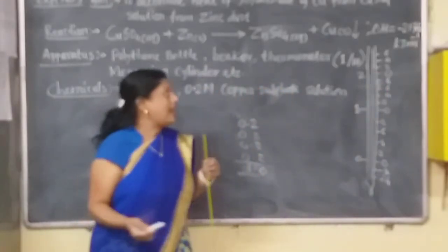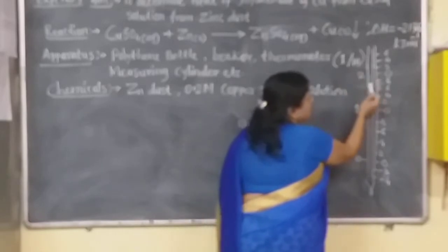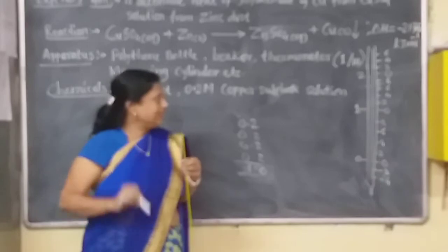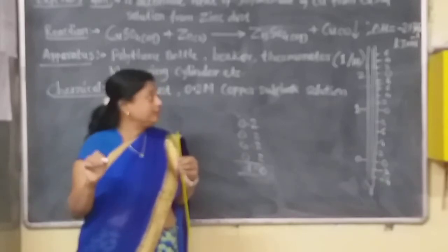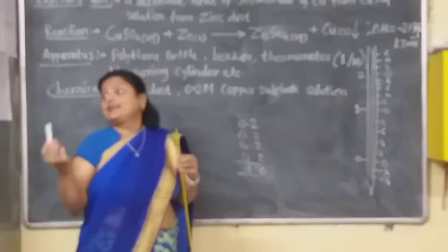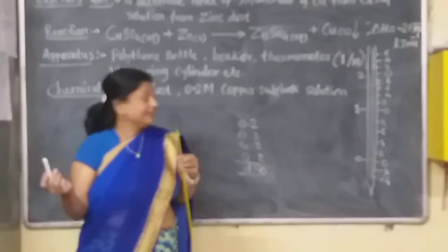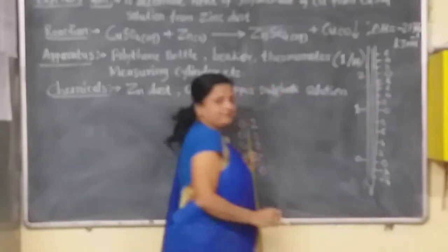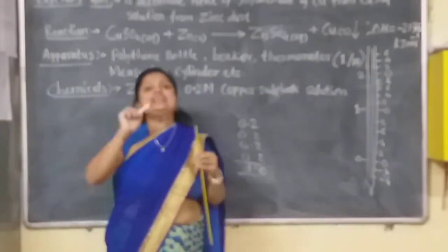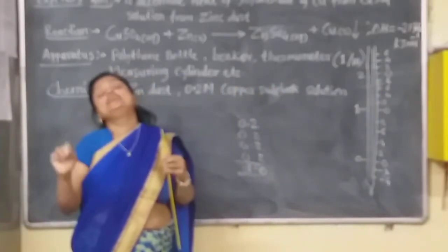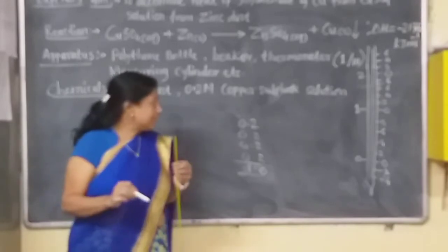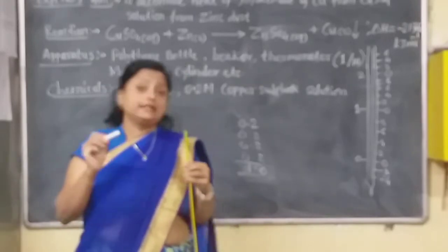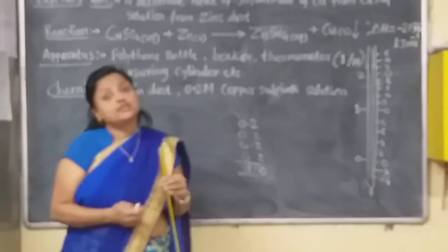Between 18 and 20, with 10 lines in between, the fifth line is 19 degrees centigrade. So we can measure 0.2 degrees centigrade temperature by using this 1/10 thermometer.